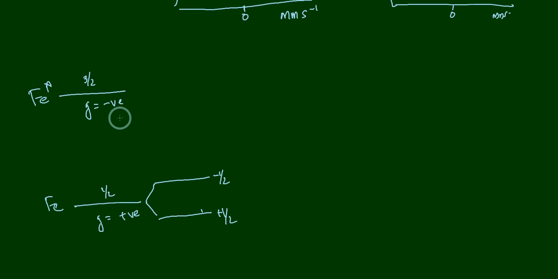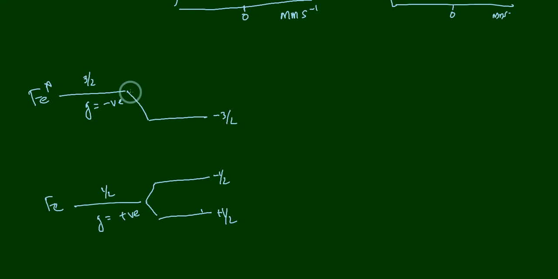But in the excited state, the G is negative. Therefore, in this case, the lower energy states will have a minus sign. I equal to minus 3 by 2 will have the lowest energy.